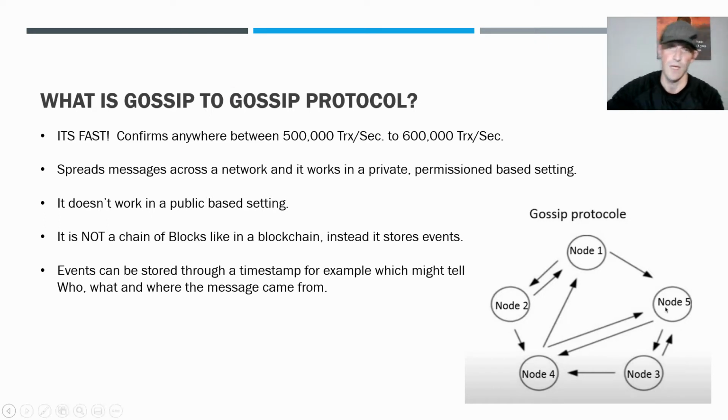So, if you see right here, down in this picture, you've got a node 1, node 2, node 3, 4, and 5, and they all talk with each other. So, at random, they'll spread messages and gossip between each other. And these nodes, I'll be getting further into it a little bit later, they store what they call events.